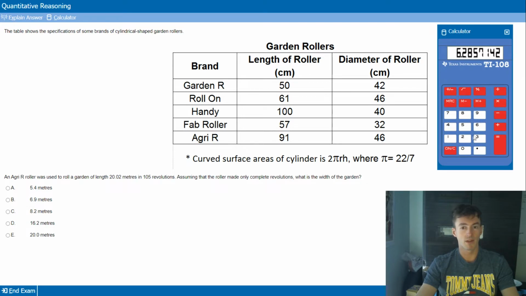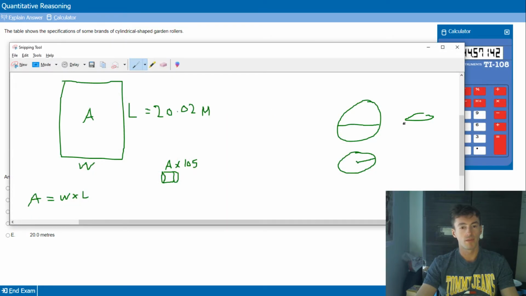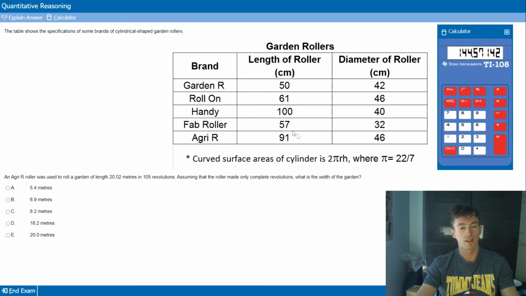So times this by 23. And then we're given the length of the roller, which is the same as the height. If you imagine a roller, if the roller is standing up, we call this the height. If it's on its side, we call it the length, basically. So length and the height, the same thing.